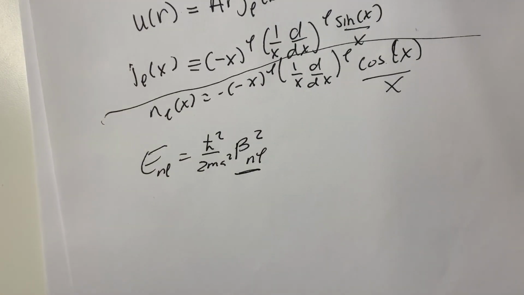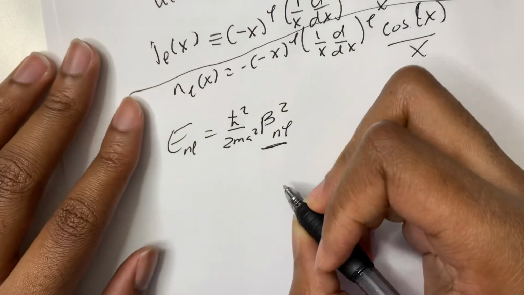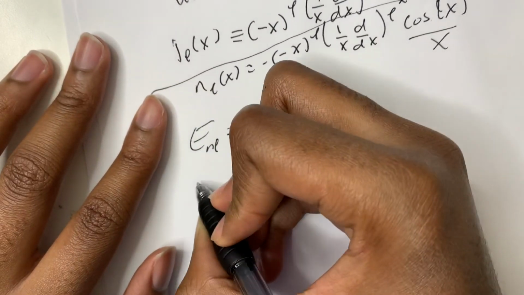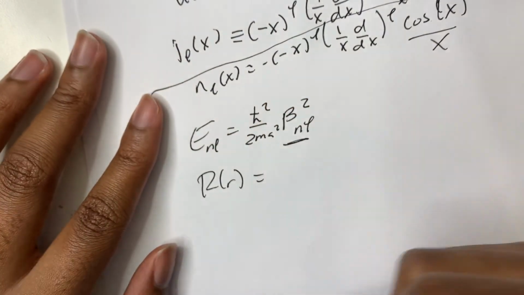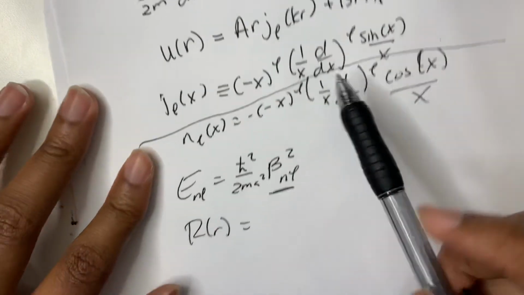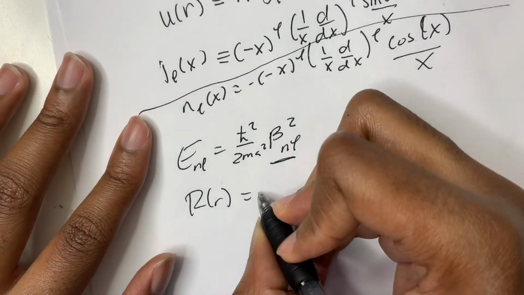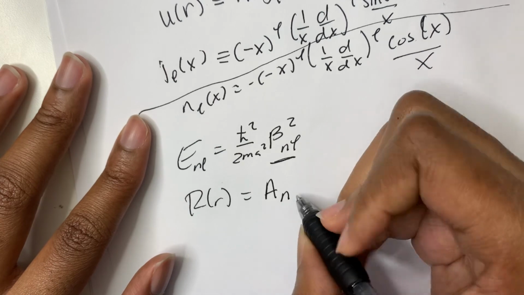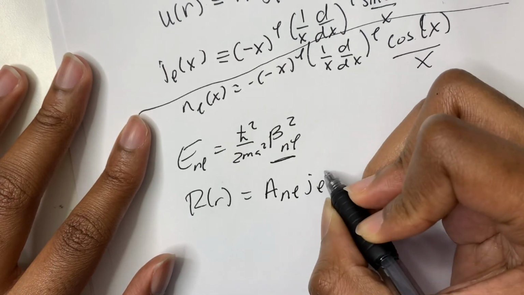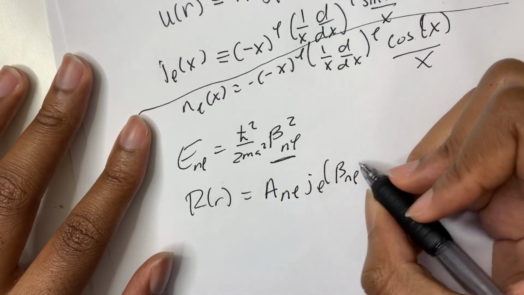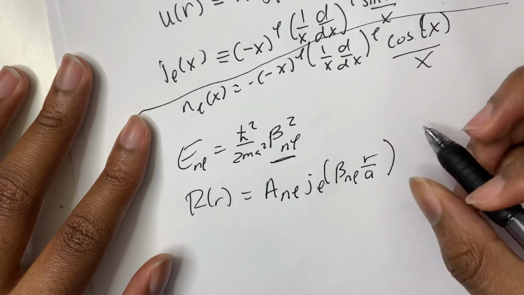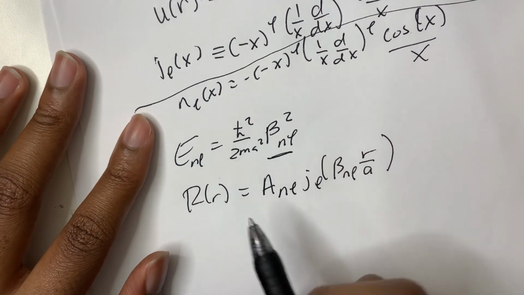Okay, so we're pretty much done here. So this implies the R of r. Again, technically B goes to 0 here. So R of r is going to be A_nl j_l times b_nl r over a. That's going to be big R of r.